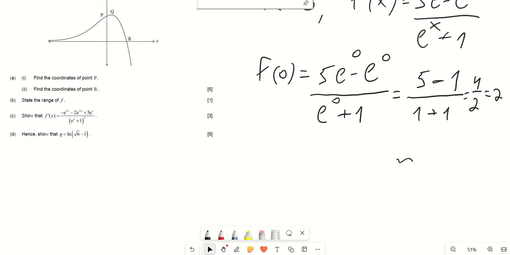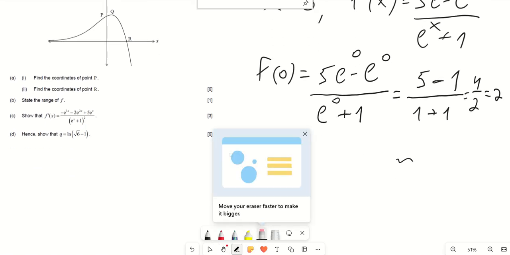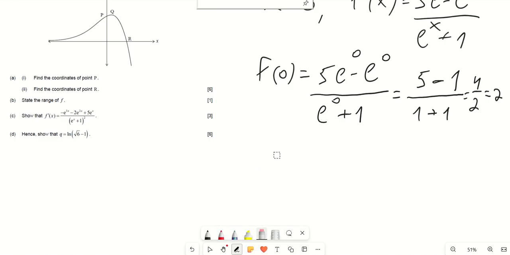And therefore, the point P has an x coordinate of 0, since it's the intersection with the y-axis, and a y value of 2. This is the answer to A1.